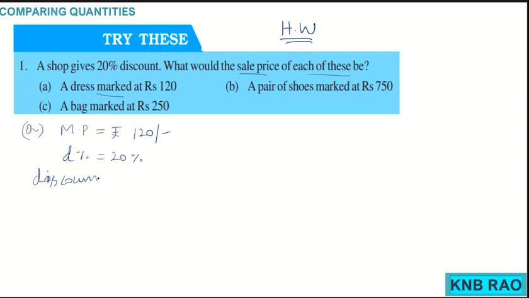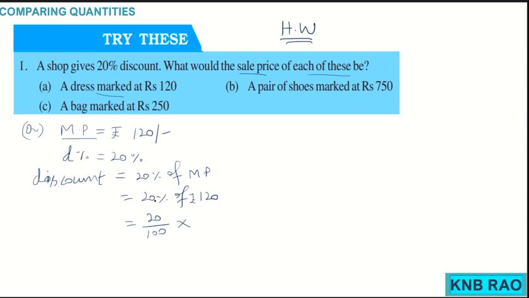So we will find the discount, which is 20% of the marked price, because discount is always calculated on the marked price. So 20% of rupees 120. You know how to find 20% of 120? We will do it first.